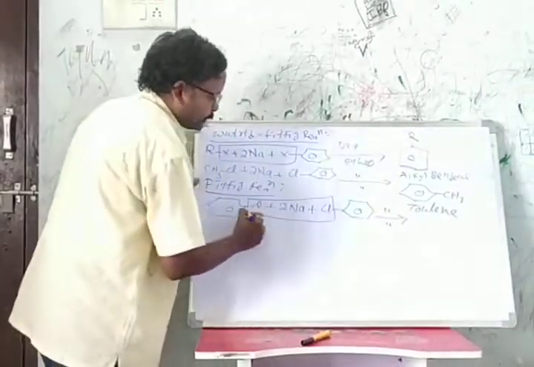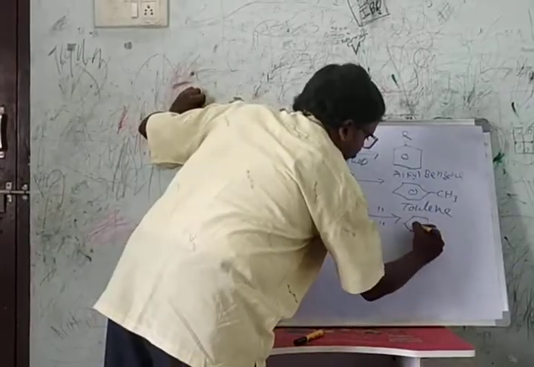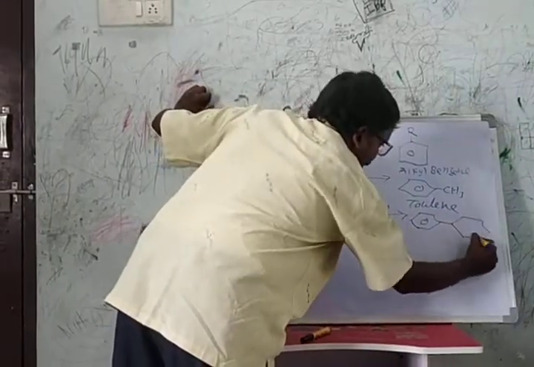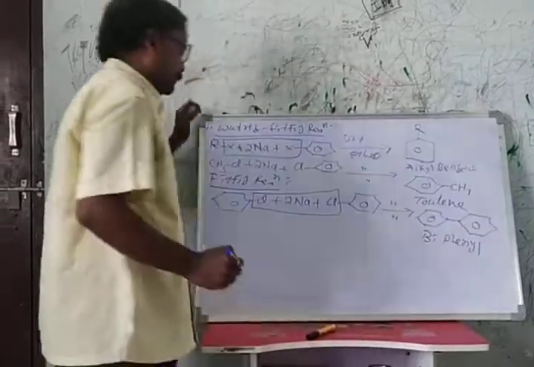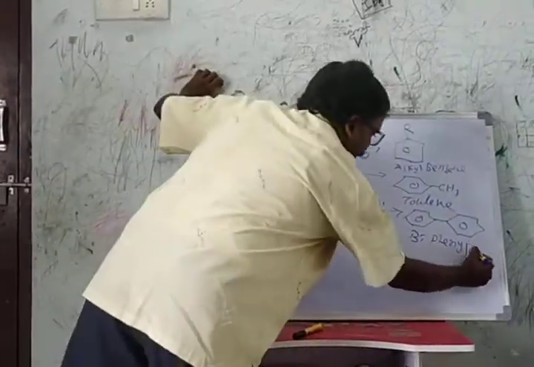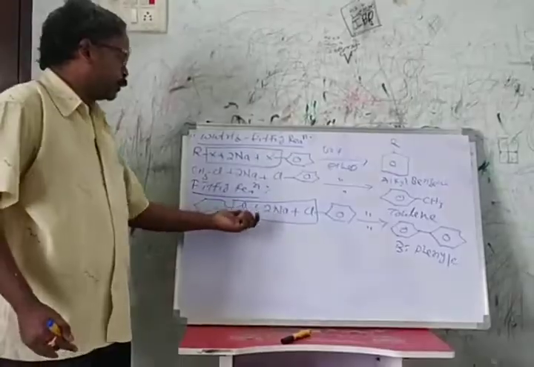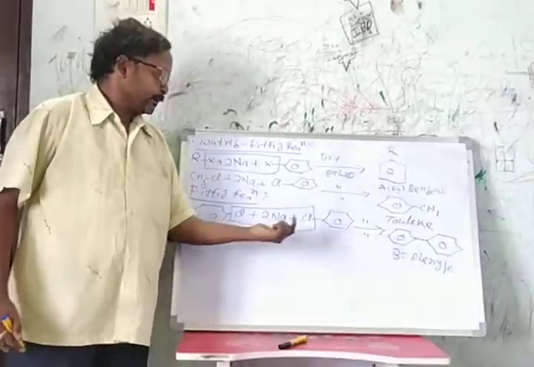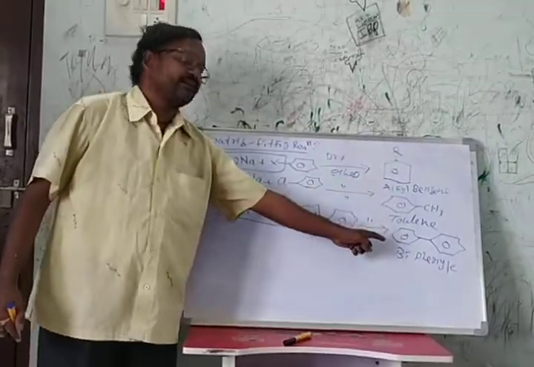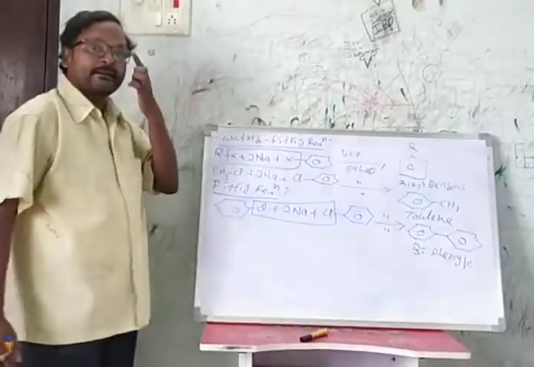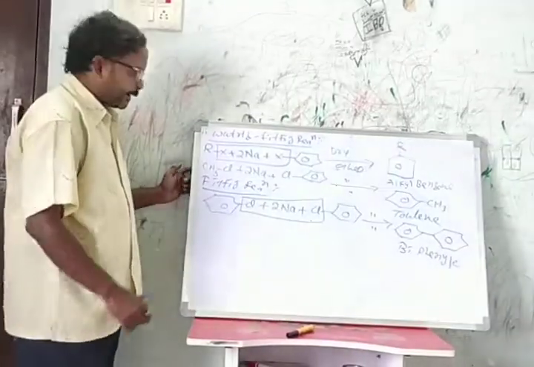Here also sodium chloride is lost and biphenyl is formed. What is the Fittig reaction? 2 moles of chlorobenzene react with sodium metal in the presence of dry ether to give biphenyl. We call this the Fittig reaction.